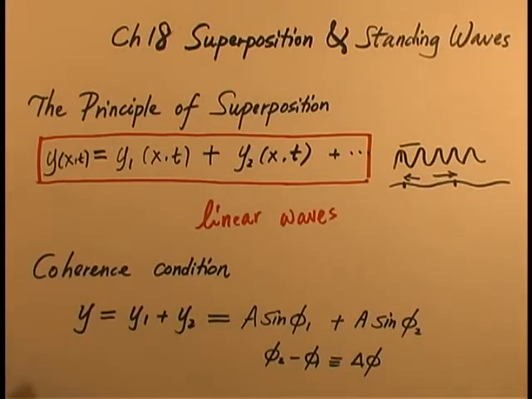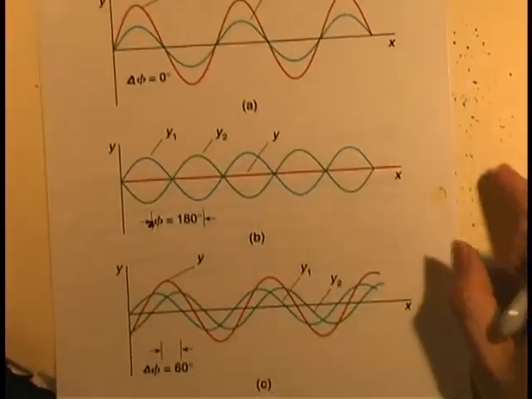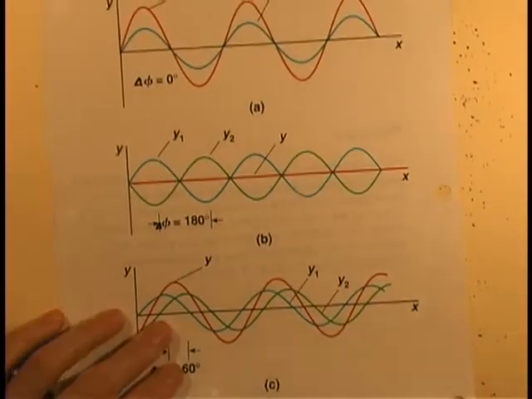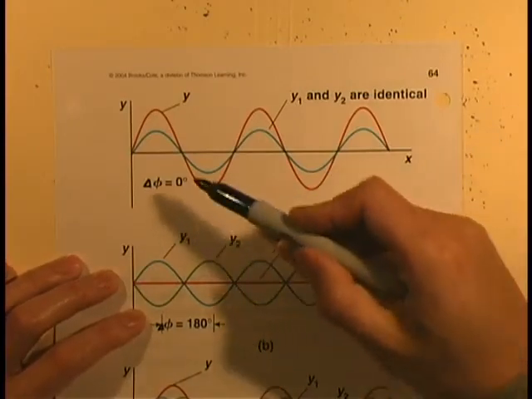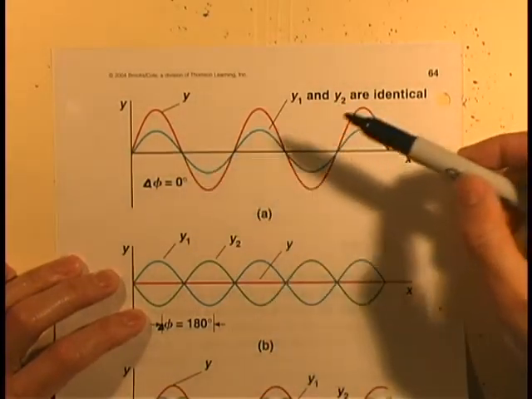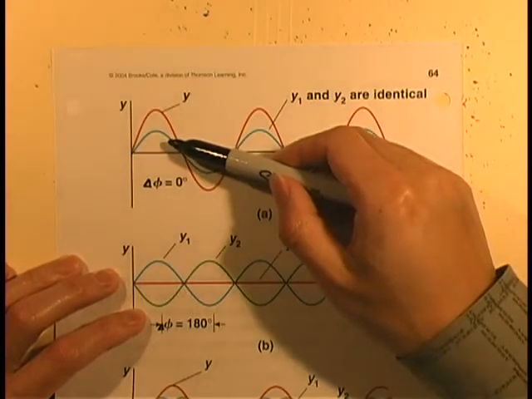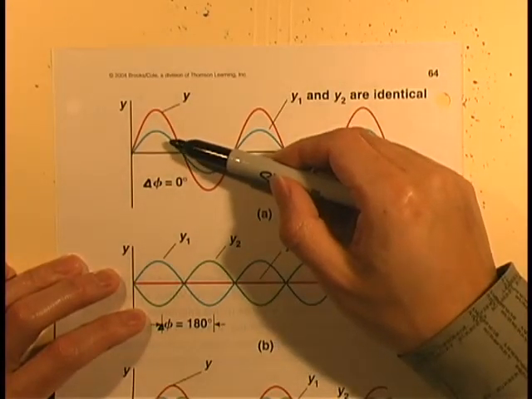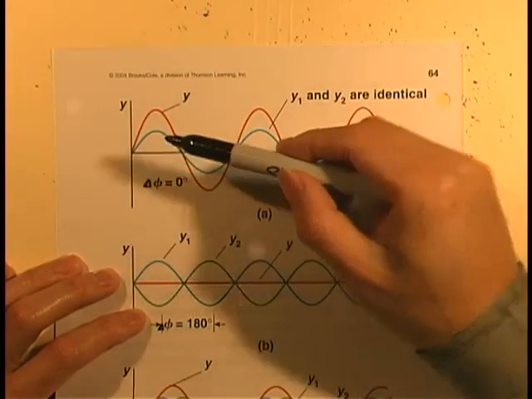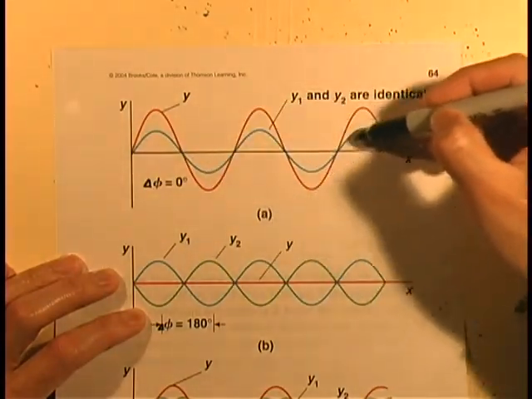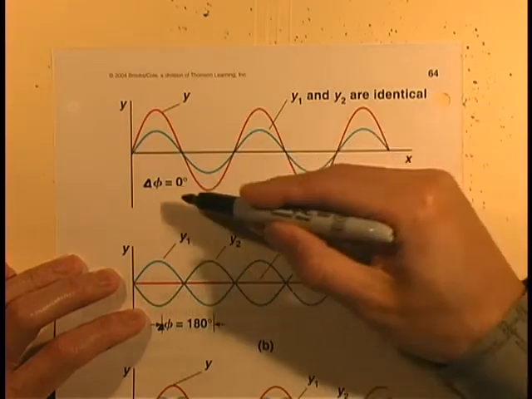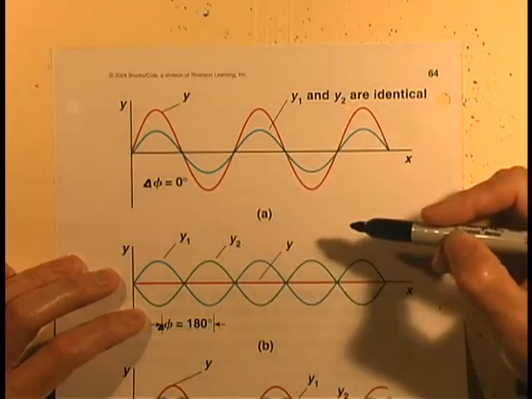And here is one such case. Look at the first situation. Here you have two waves, one colored blue, the other is supposed to be green, but that green wave is exactly the same as the blue wave because the phase difference, delta phi, between these two is 0.